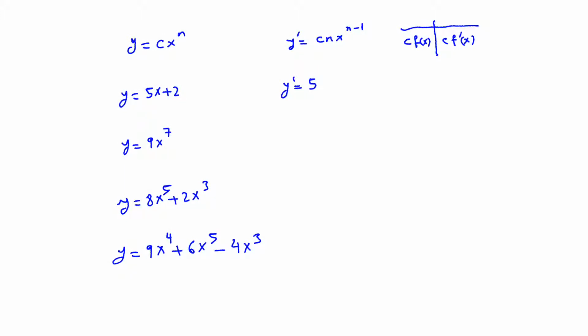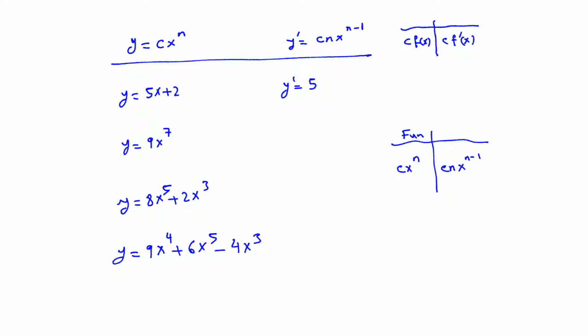Derivative of y equals 9x to the power of 7. If we use the fact that the derivative of c x to the power of n is cn x to the power of n minus 1, then the derivative would be 63 x to the power of 6.